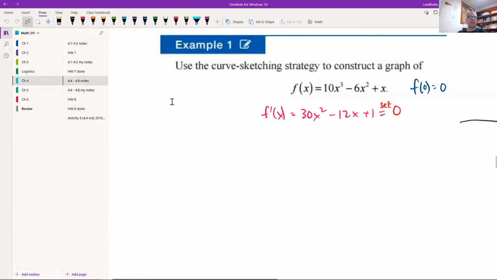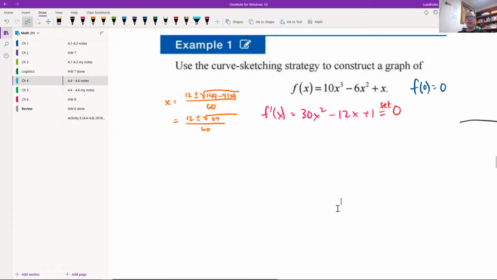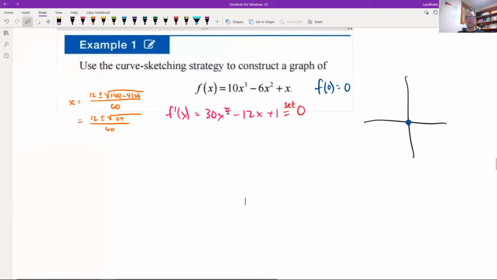Copy that, paste it over here. Yeah, quadratic formula, this stuff, get this, which turns into, what? This is like 1/5 plus or minus square root of 24 over 60, which could be simplified a little bit more.